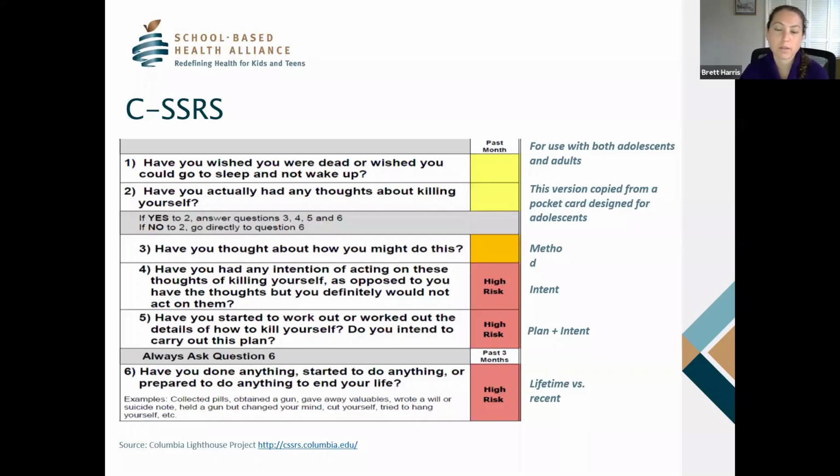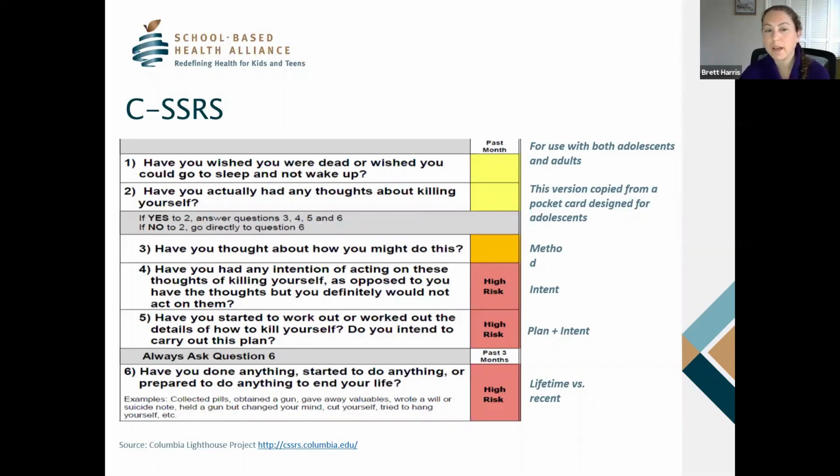And you can ask, there's lifetime versus recent. So when this is done lifetime, but not within the past 3 months, it's less risky than if it's been done recently. I know with SBIRT screening tools, we always talk about a score and what to do with the score.